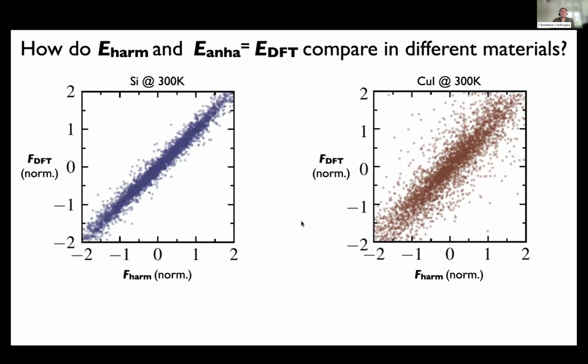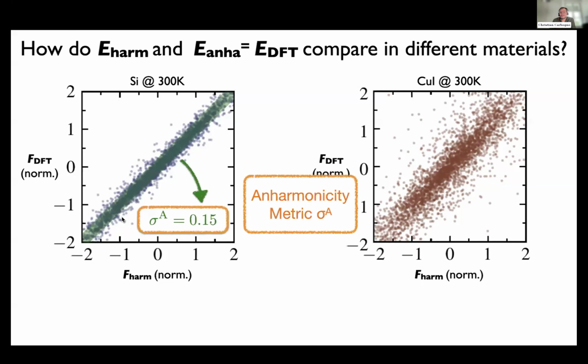To quantify that more in a single number that you can use as guidance, we proposed an anharmonicity metric. Essentially, this is nothing else than the standard deviation of this distribution. Here, this would be 0.15, and thermodynamically, this implies that 15% of the forces on thermodynamic average stem from anharmonic effects.